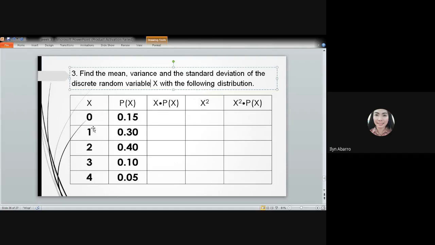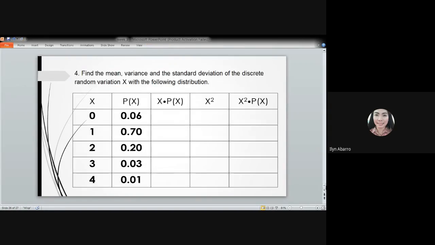So this is the value of the random variable: 0, 1, 2, 3, 4, and its probability is 0.5, 0.30, 0.40, 0.10, and 0.05. And number 4, again, find the mean, variance, and standard deviation of the discrete random variable x with the following distribution.